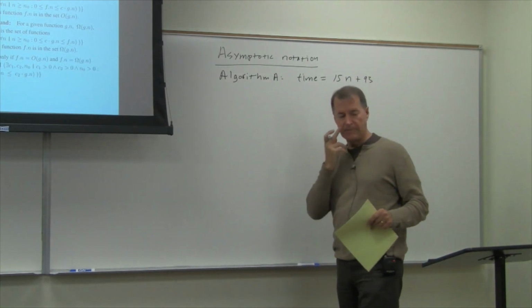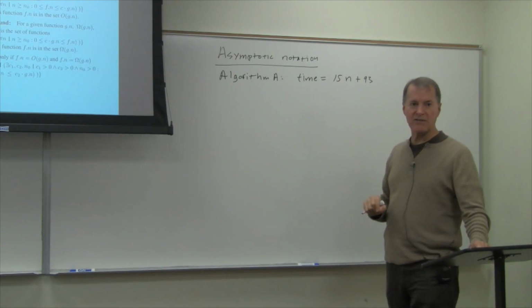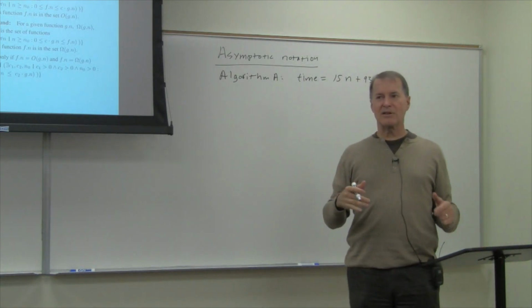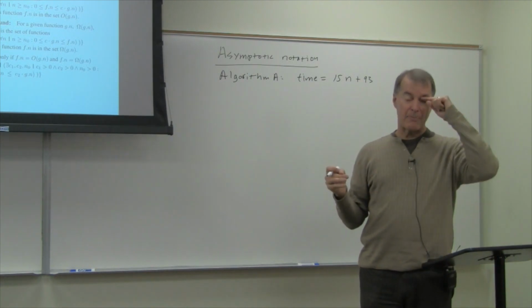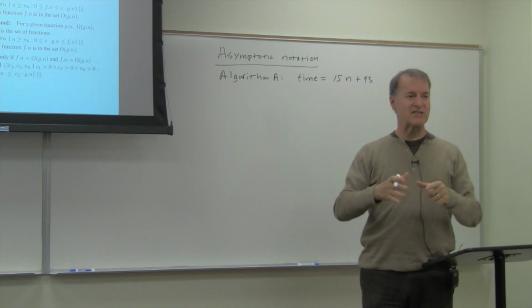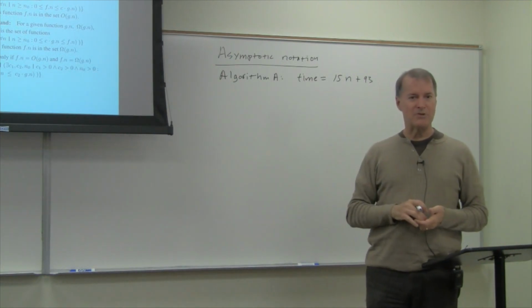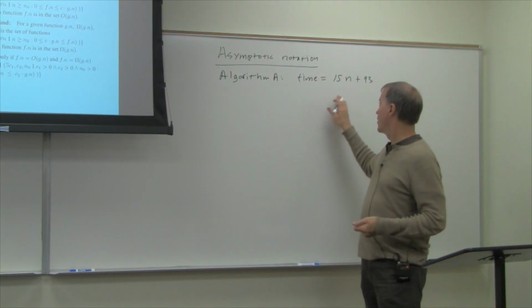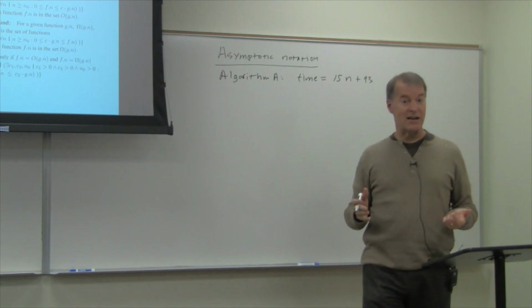What we mean by n here is the number of data. Say it's some statistics program, or maybe a map program where n is the number of cities on the map, or n is the number of data points that you're analyzing.